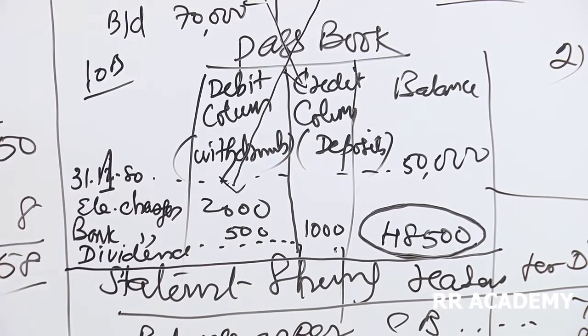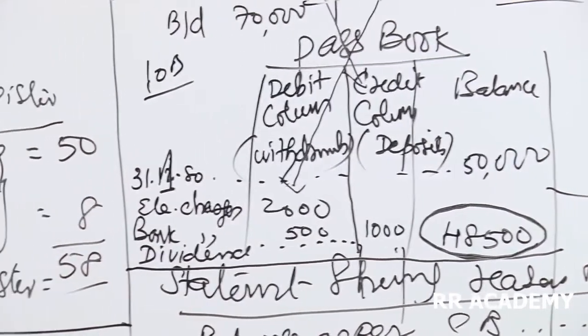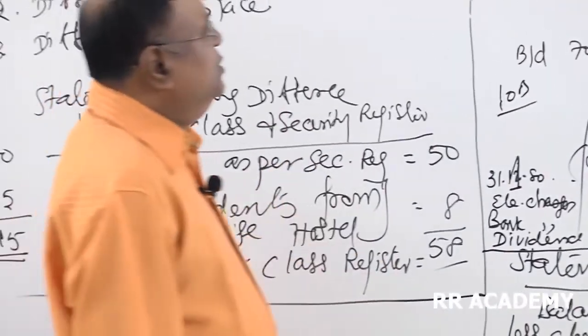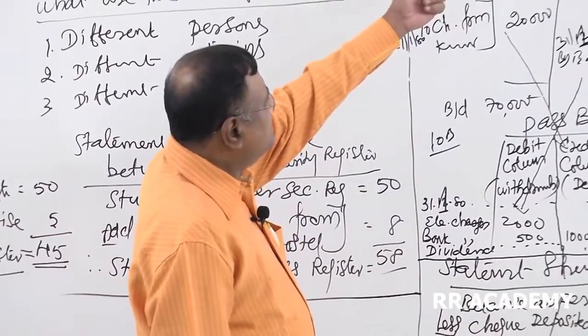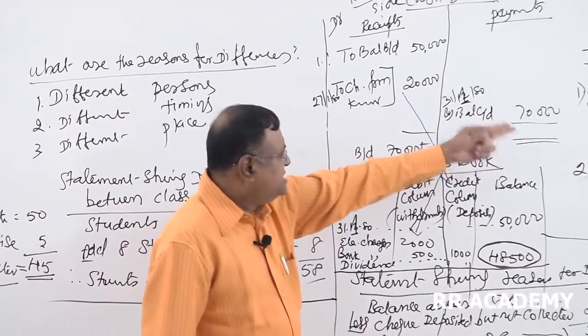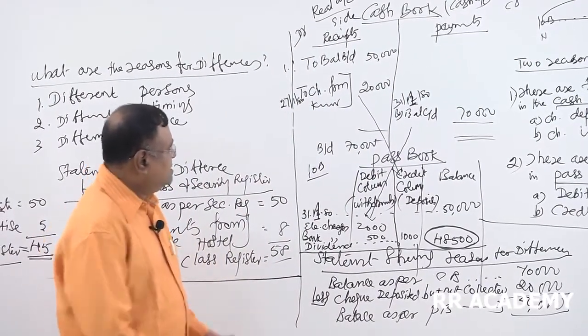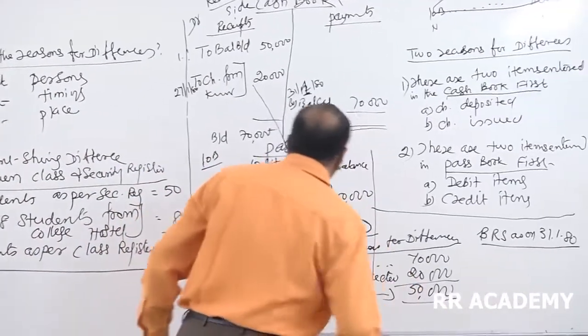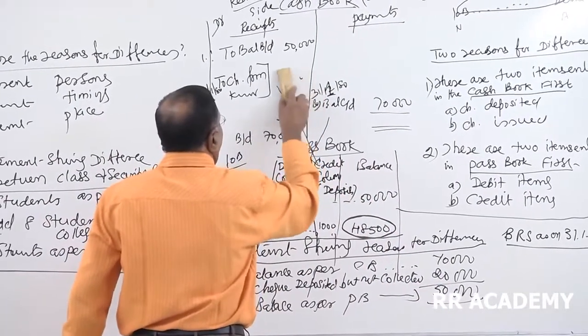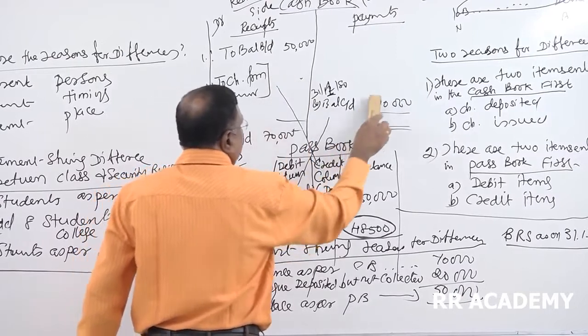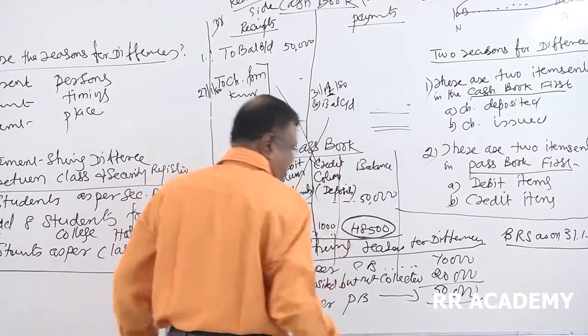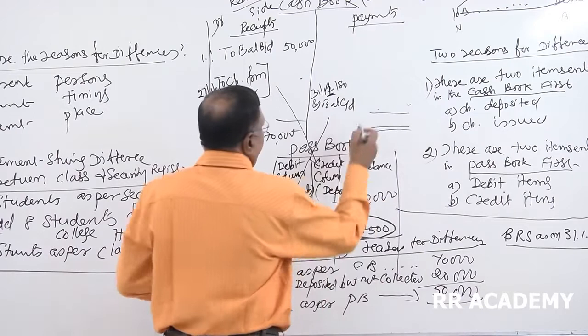I will write here. The manager is asking the accountant, cash book shows 70,000. Sorry, friends. Anyhow, I have to remove this, then only the explanation will be correct. Here 50,000.